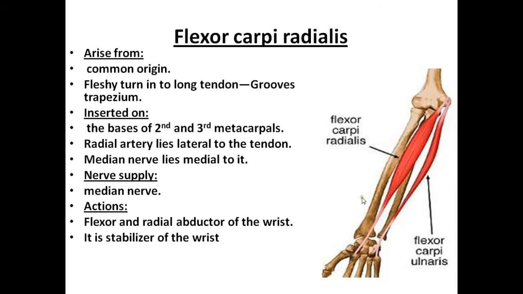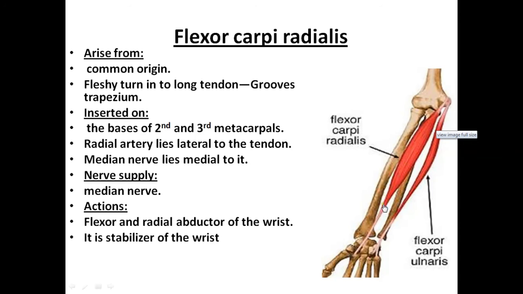The next muscle, medial to the pronator teres, is the Flexor Carpi Radialis. Again it has a common flexor origin from the medial epicondyle. It is a fleshy mass in the middle of the forearm.